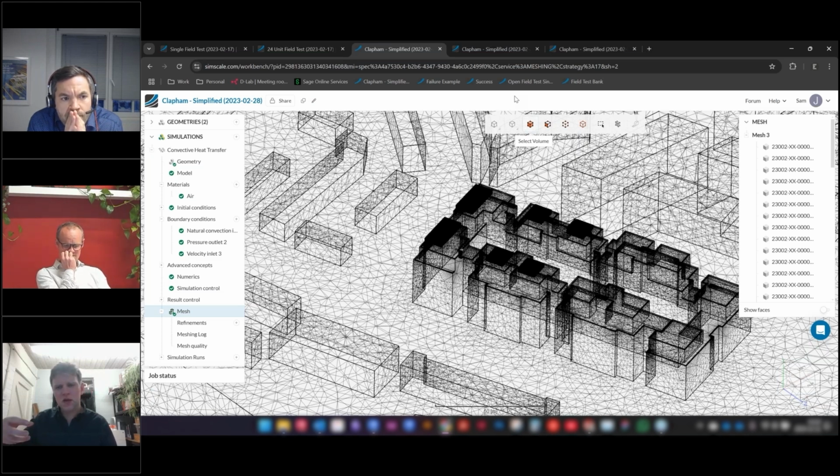Now that's automatic because we've got high levels of detail in those locations anyway. So SimScale is automatically doing us a great favor in having higher mesh densities in those locations. And the further you move away from the more complex geometry, it automatically reduces the level of detail of that meshing, which is super helpful.